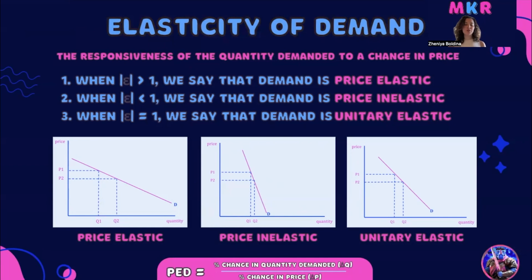So often you can associate elastic goods with those that have many substitutes, and those that are luxury goods, for example. So let's take, for instance, Domino's and Pizza Hut, since those are two substitutes.